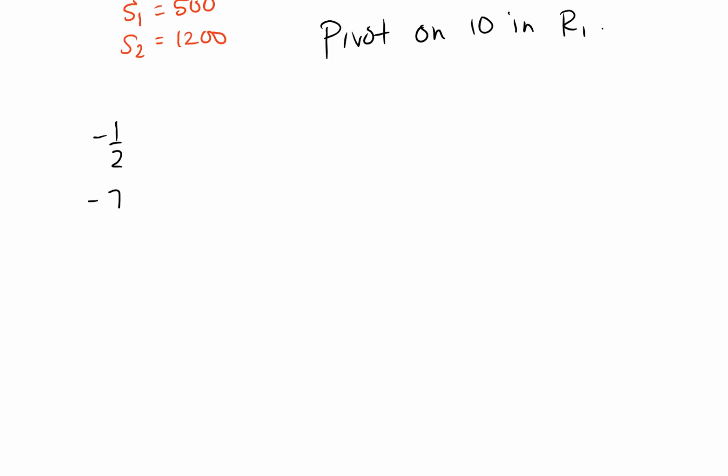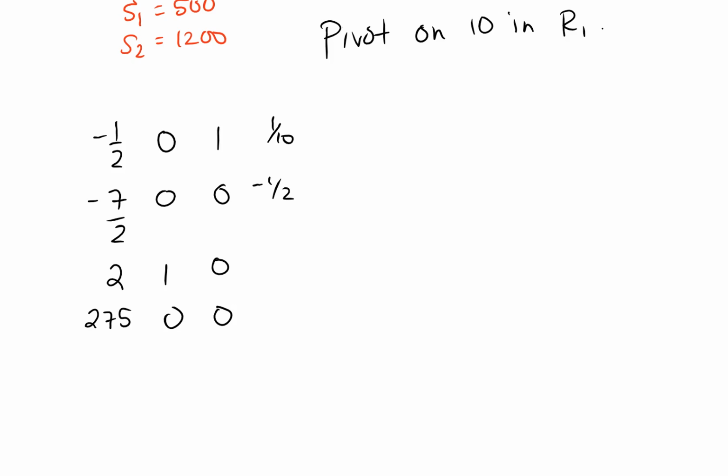Negative 1/2, negative 7 over 2, 2, and 275, 0, 0, 1, 0, 1, 0, 0, 0, 1/10, negative 1/2, 0, and 5, 0, 1, 0, 0.